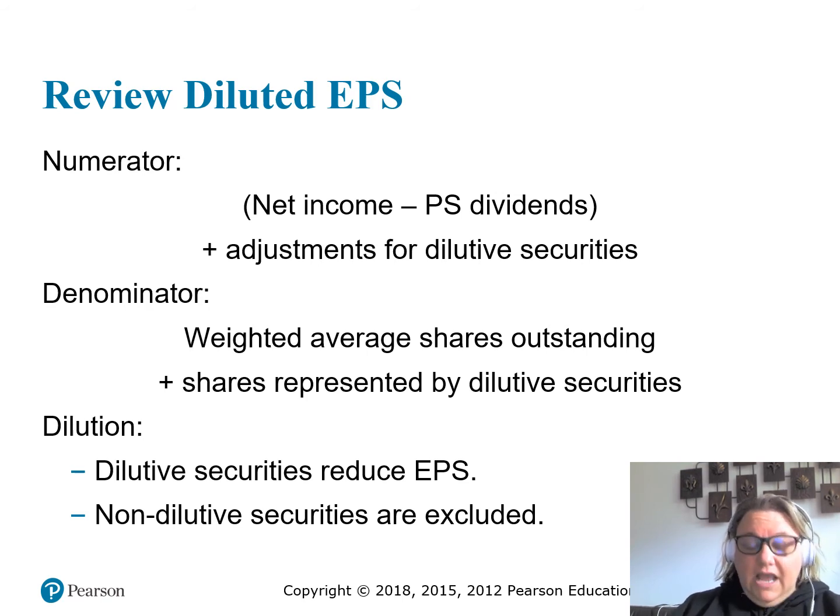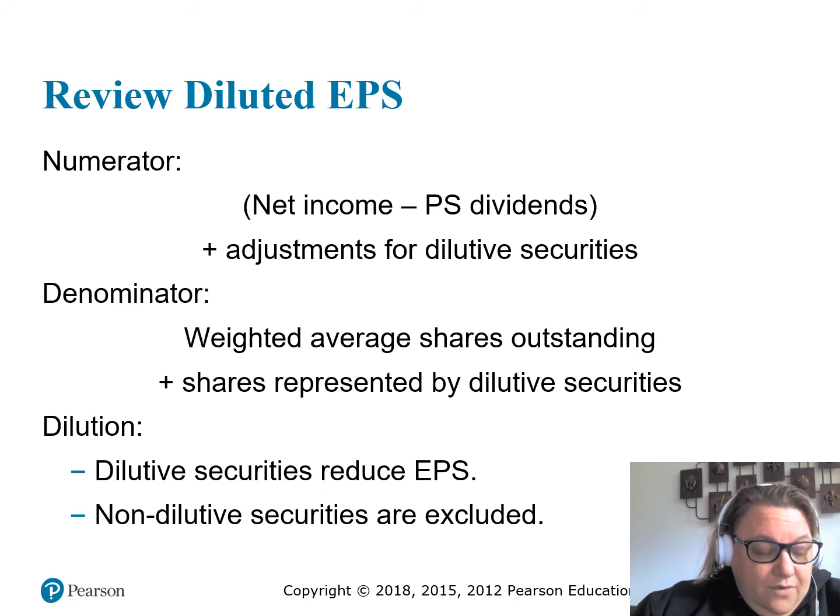Dilutive securities are stock options, warrants, and convertible bonds, and they would increase the number of common shares outstanding if they were exercised. So all those people that get stock options as compensation instead of getting paid regular money, that particular group of people, and I would say probably people in positions of authority, because they get paid in stock, can exercise that at any point if they have a certain type of option.